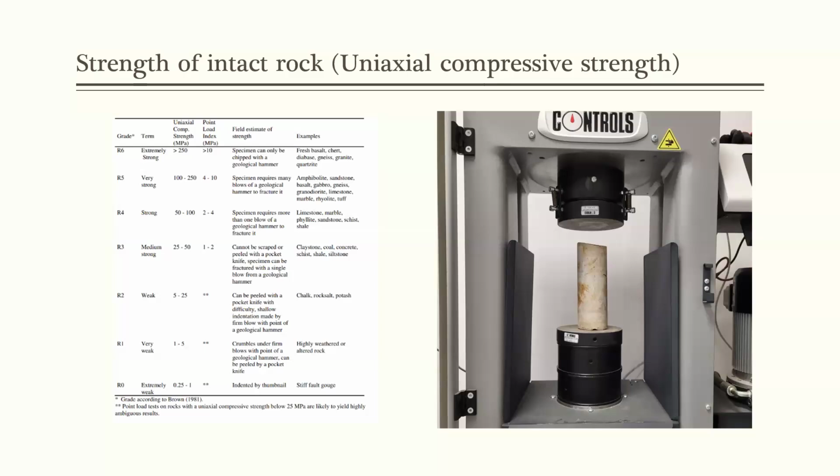And then blast energy requirements also decrease, which means you would require less explosive energy to achieve desired fragmentation. The blast design also becomes simpler, because softer rocks often allow for more straightforward blast designs.